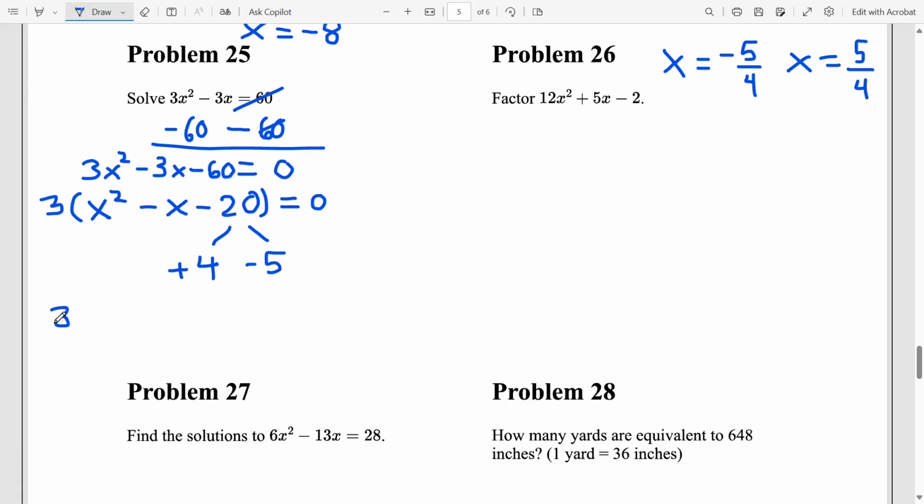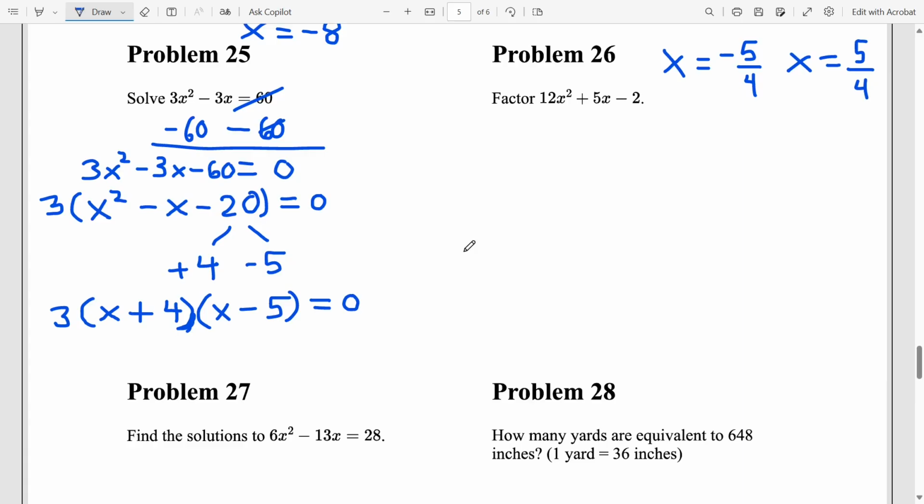And this is going to factor to 3 times x plus 4 times x minus 5 equals 0. And fix that parentheses there.